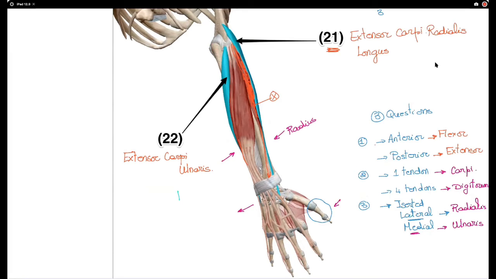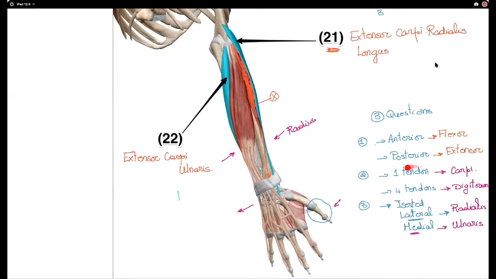When I see the olecranon process of the ulna, this tells me that I'm looking at the posterior aspect of the forearm. And this will allow me to tell whether the muscle I'm looking at is a flexor or an extensor. If it's located in the anterior compartment, it's going to be a flexor. If it's located in the posterior compartment, it's going to be an extensor.